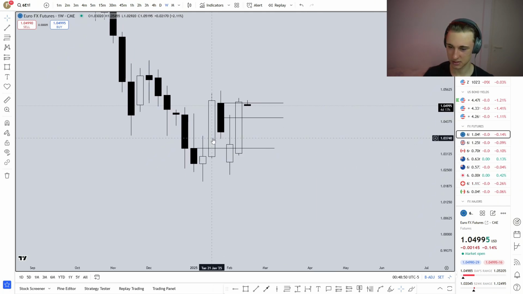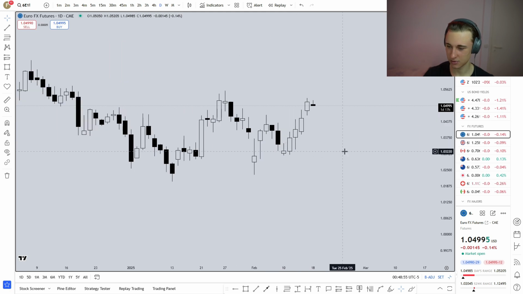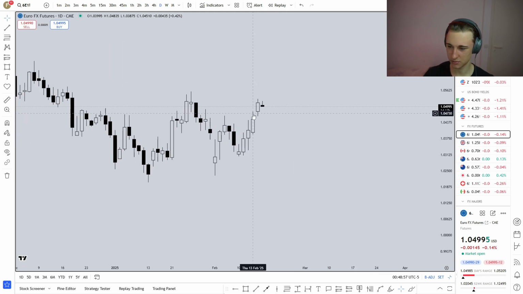And of course, the volume imbalance, and on the daily time frame, we have a volume imbalance coupled with an order block. And also a breaker right here, a run on the sell side. So this would be the breaker.